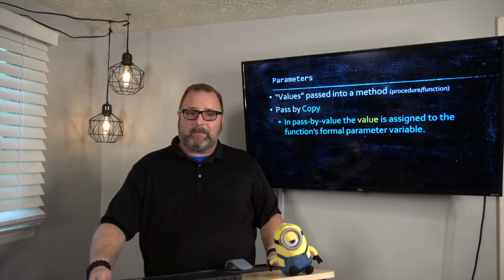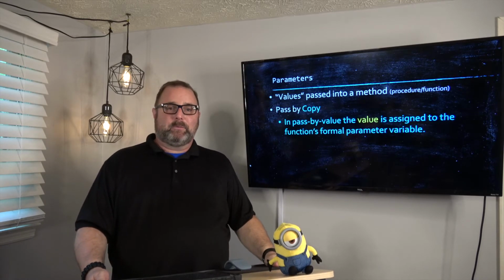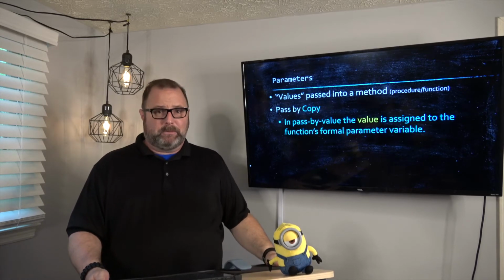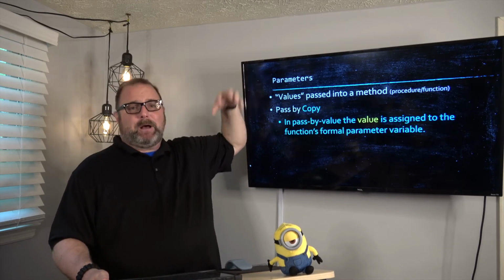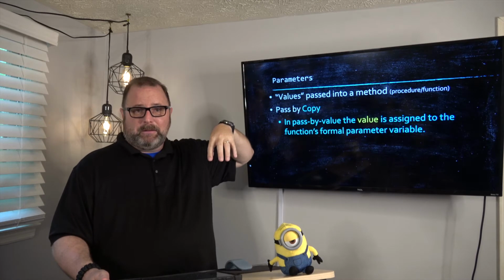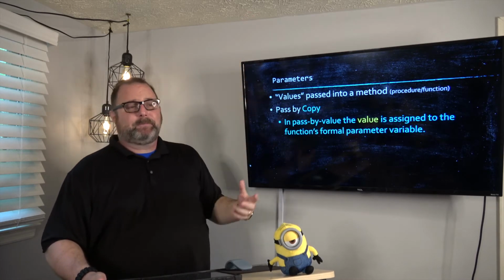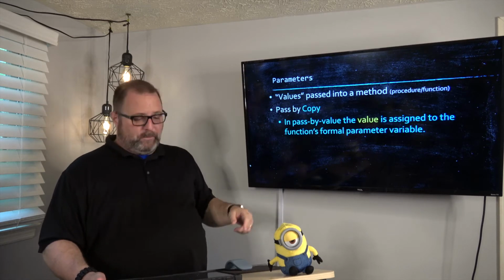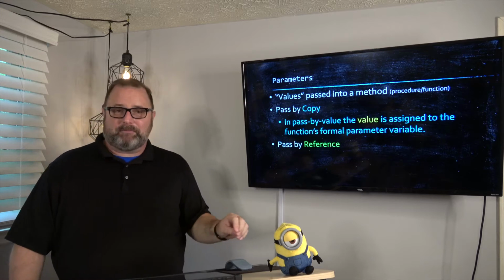Now there are times where a language either won't or doesn't know how to send a custom object in. Okay, if I'm dealing with a class or a struct and I'm trying to pass that in, it doesn't know how. So that's going to then go to what's called pass by reference.